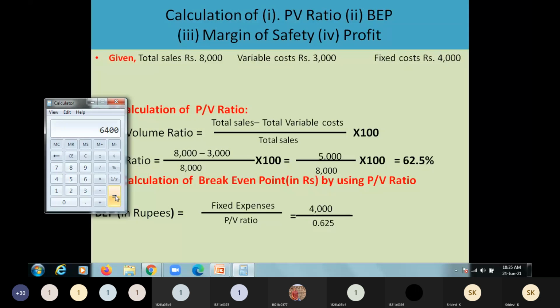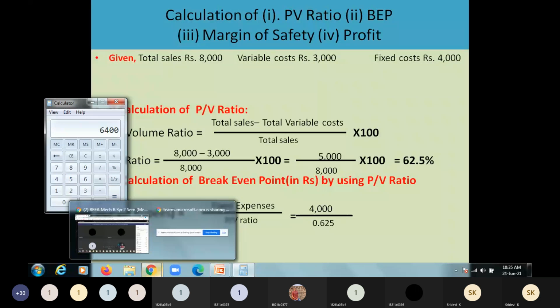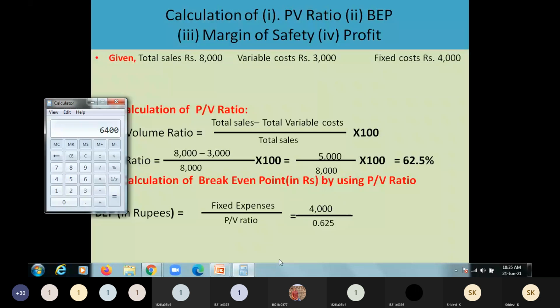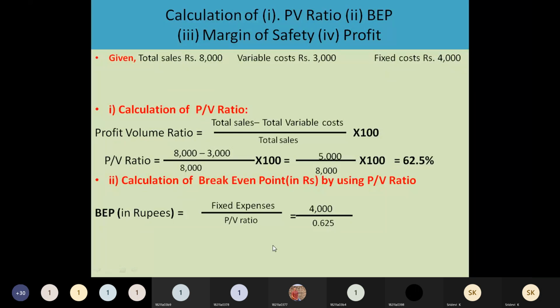So that is 6,400 you are going to get. So the result is in rupees. So rupees 6,400 is the break-even point in rupees.